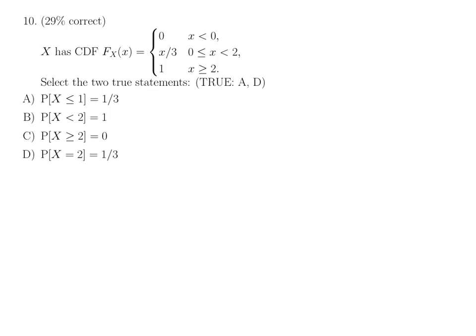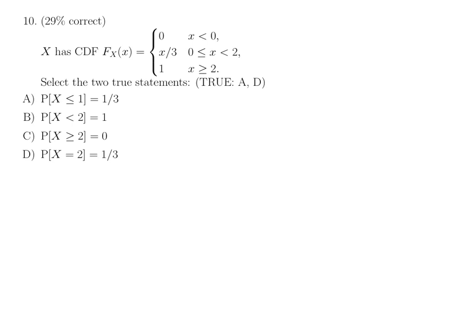So this problem was the one where the success rate was pretty low, 29%, and I think it's really mostly a question of the right versus wrong, right minus wrong grading messing people up.